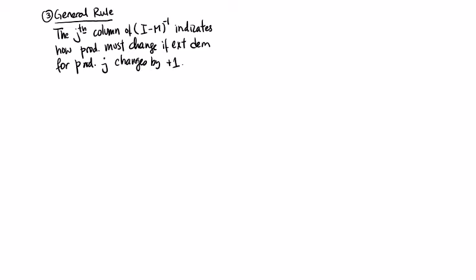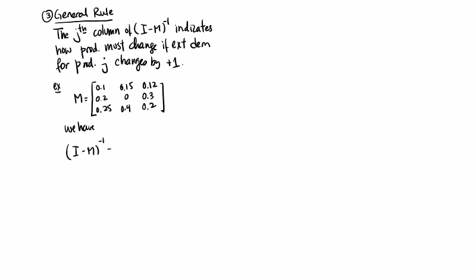Let's take a look at an example because we can dig even just a bit deeper. Go back to the very first example, first video. This was M. If we find I minus M inverse, this is what we get. This was done in MATLAB, so I'm not going to show a calculation.